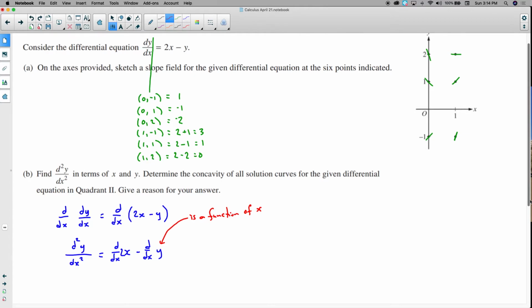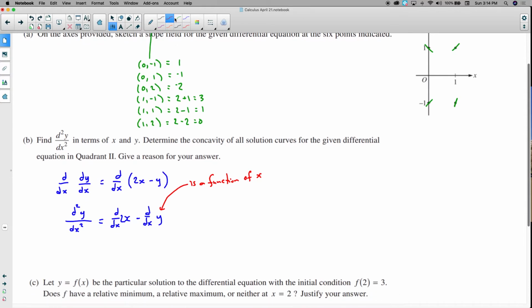We don't exactly know what it is. Okay, so then let's continue on here. I've got that the second derivative is equal to, well, this one's easy, that's 2, and then I need to subtract from that. And, well, we can't take a derivative of something that we don't know what it is, but we can write that symbolically. And as soon as you write that symbolically, you may realize, hopefully you realize, that dy/dx was given. dy/dx is up here above. dy/dx is this thing right there, 2x minus y.